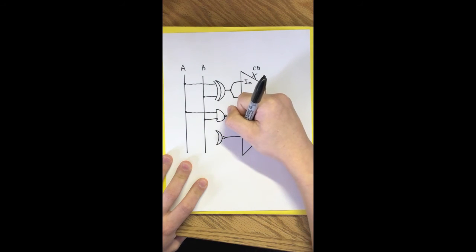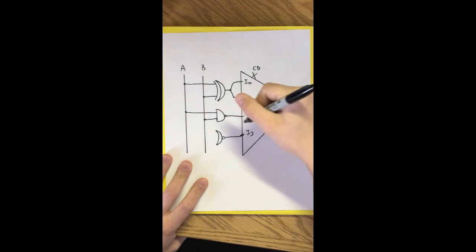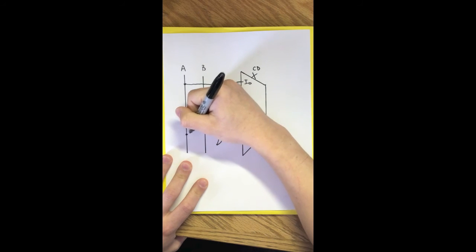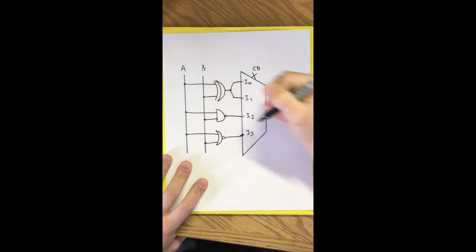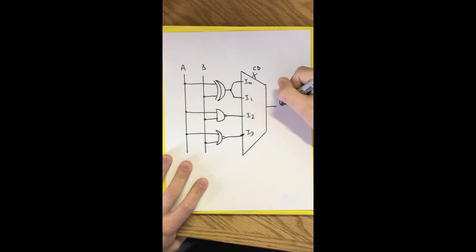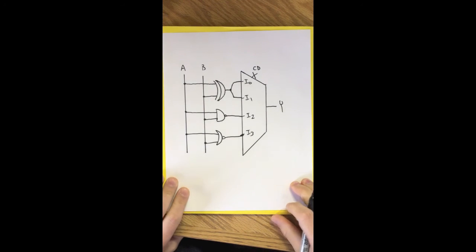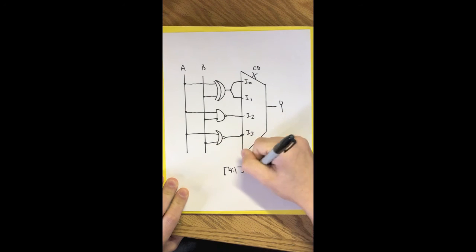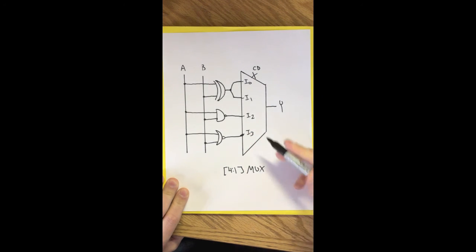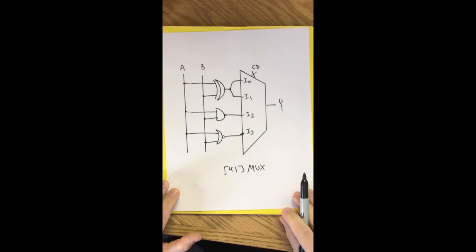That's supposed to be connected right there, okay? A, B, and your output. This is your 4-1 MUX from a 4-variable truth table.